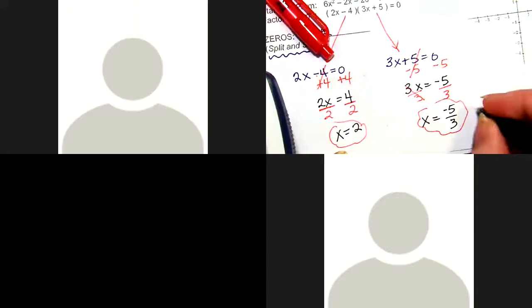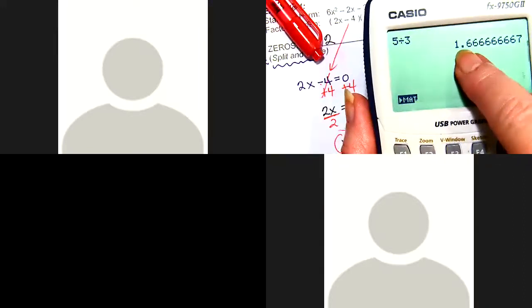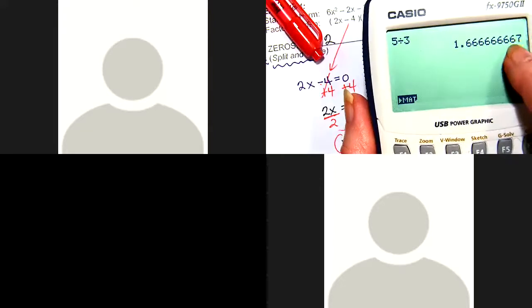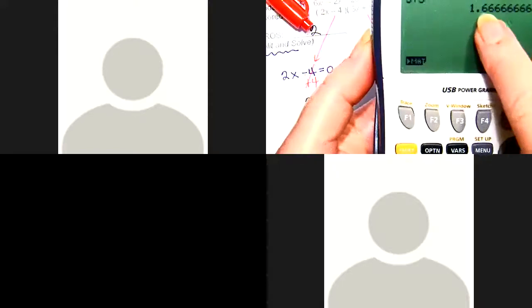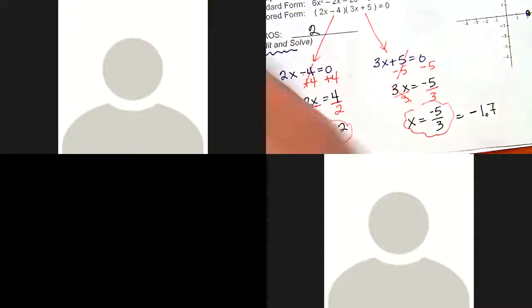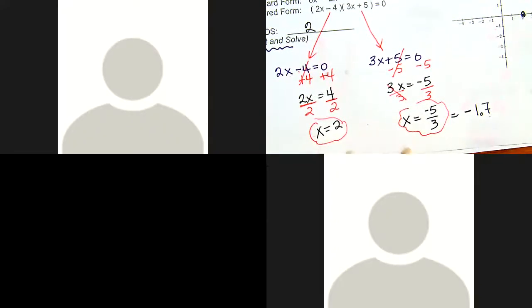I usually don't type that in because I just know whatever it is, it's going to be negative. I'm just going to go 5 divided by 3. It's 1.66666. Now I've rounded it here. If I round it to the tenths place, then that's going to round to 1.7 because I don't want to write all of that. So I chose to round it to the tenths place there.